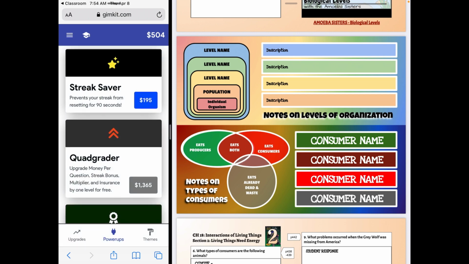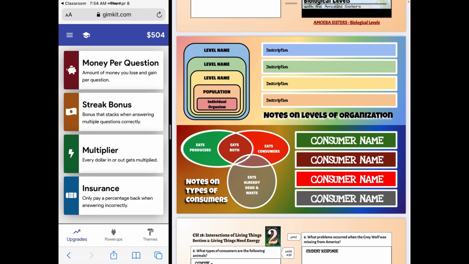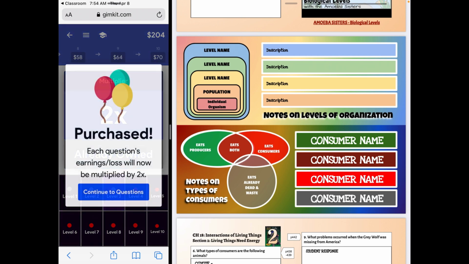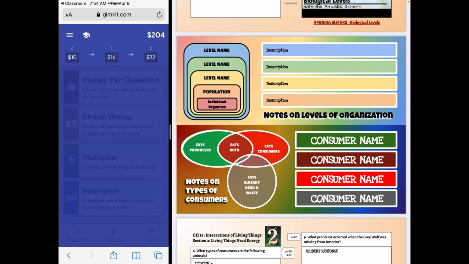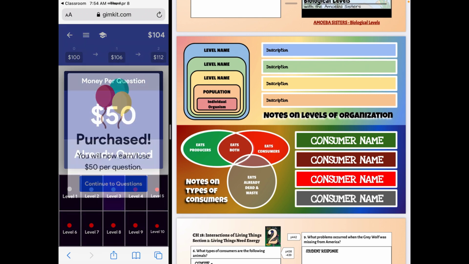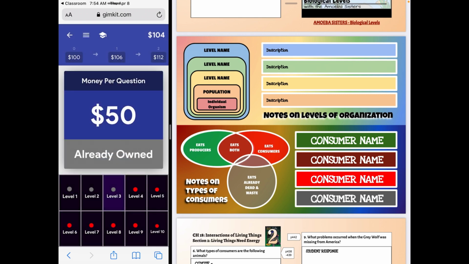But I still want to go shopping because now that I have all this money, I want to upgrade my multiplier. And I also want to upgrade my money per question. I don't know if I have enough to upgrade my streak bonus though. No, okay.